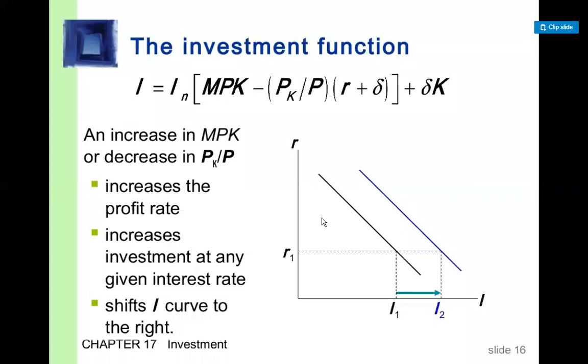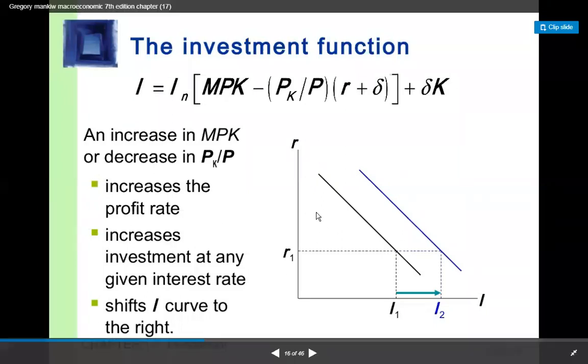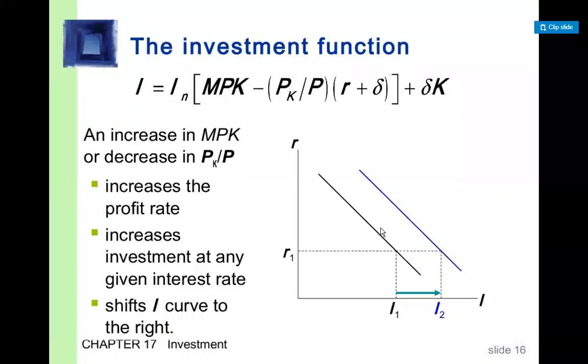Now we have done this. Now we are going after the shifting of the investment function. Now we will discuss some other factors, although not included in the function, but which can cause a change in investment.